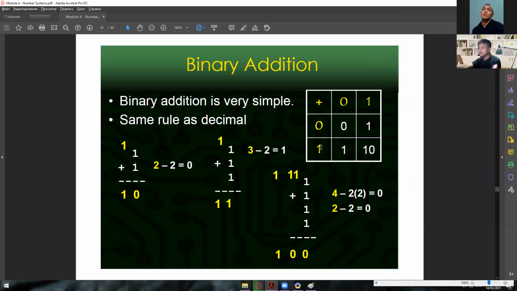So here's the table for this one. 1 plus 1 is 10, 1 plus 0 is 1, 0 plus 0 is 0, and 0 plus 1 is, where's this one?